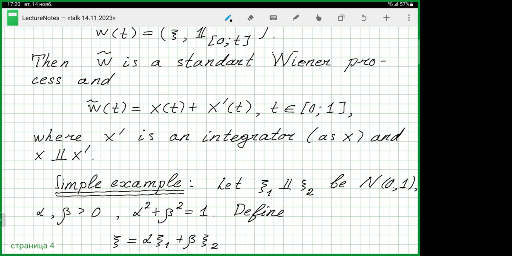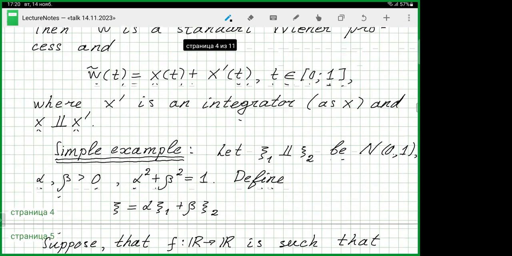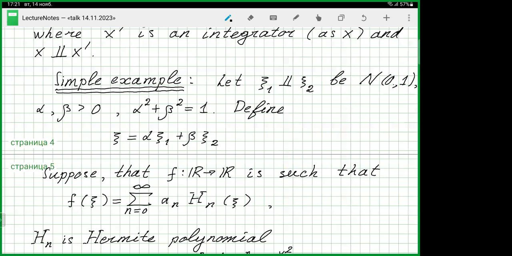So let us consider two standard Gaussian random variables xi1 and xi2 which are independent. I will suppose that I have two positive numbers, alpha and beta, such that the sum of squares equals 1. Define a new standard Gaussian random variable xi, which is the sum alpha xi1 plus beta xi2. Suppose now that f, which is a function, has the following expansion in a series of Hermite polynomials.